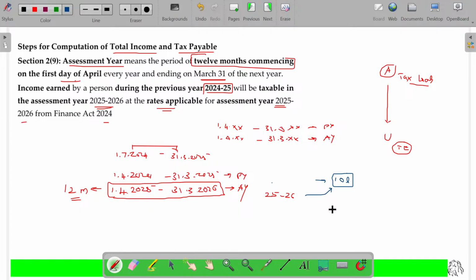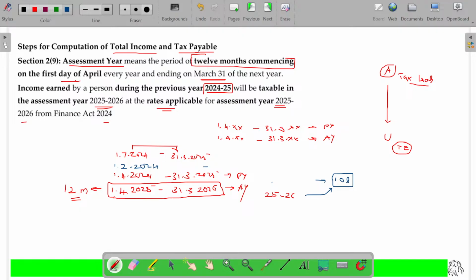Now, what is the tax rate, sir? Then for the tax rate you have to refer to the Finance Act. Which year's Finance Act? The Finance Act is usually published year after year, usually around 1st April every year, after being discussed in Parliament. So, if I want to know the tax rate applicable for the previous year 24-25, the Finance Act before that year will be taken, published before 1st February 2024.